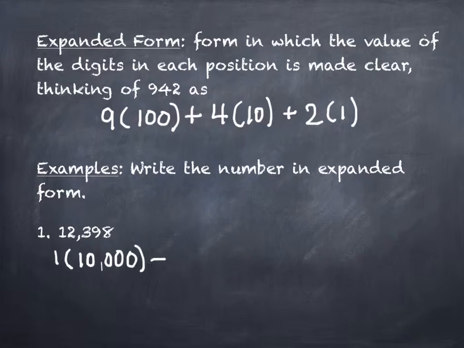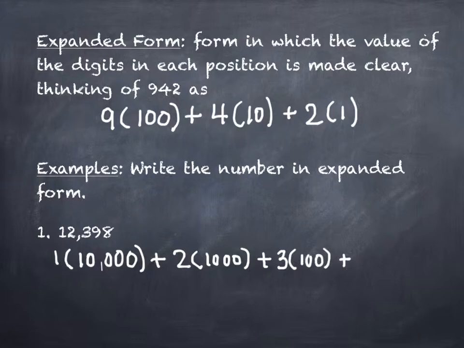All right, then what am I going to do with the 2? 2 times 1,000. And then what am I going to do with the 3? 3 times 100. And then I've got a 9. 9 times 10. And 8 times 1.